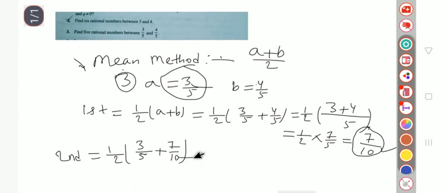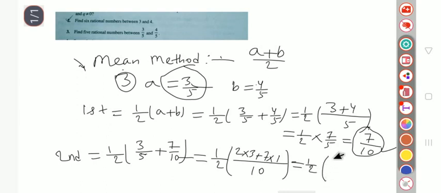Now 1 upon 2, what is the LCM of 5 and 10? It will be 10. Now 10 divided by 5 is 2, so 2 into 3 will come here, plus 7 into 1 will come here. Now 1 upon 2, 2 into 3 is 6 plus 7, divided by 10.